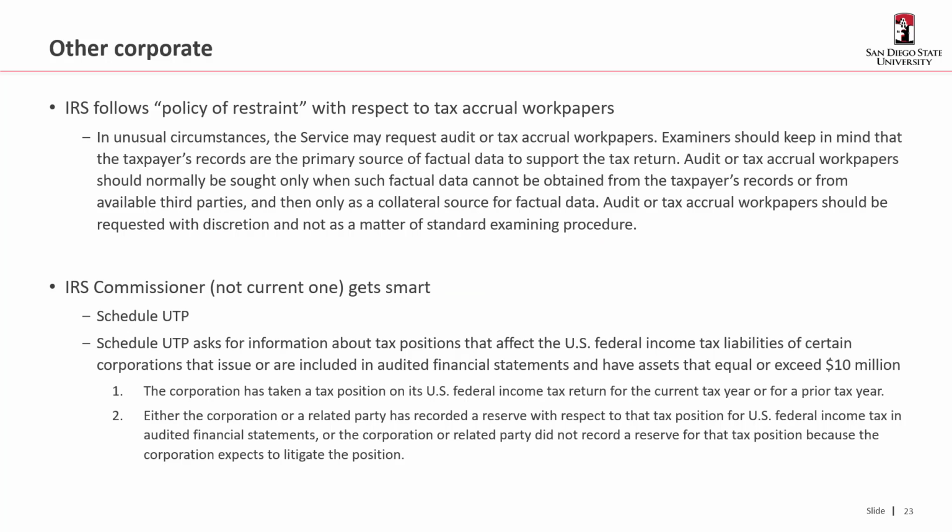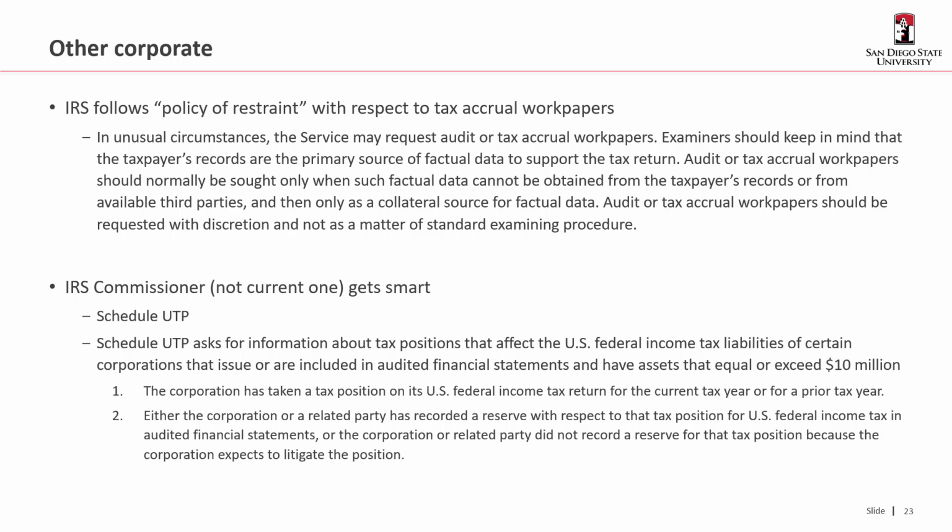So the IRS has consistently followed what they describe as a policy of restraint with respect to tax accrual work papers. So even though there's a pretty good chance there's some nice detail in audit work papers, the IRS says that only in unusual circumstances will they request to look at those. One of them is definitely when the taxpayer is involved in a tax shelter.